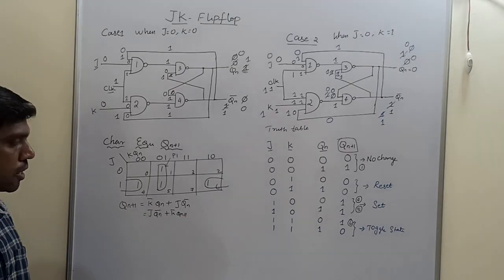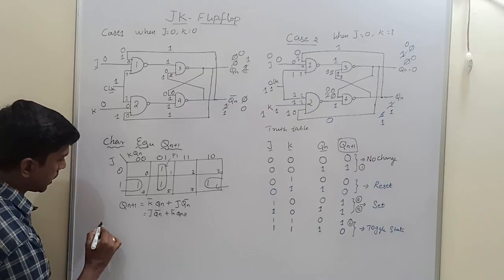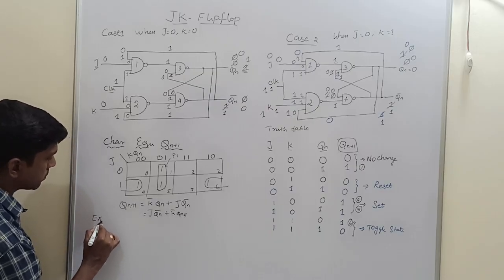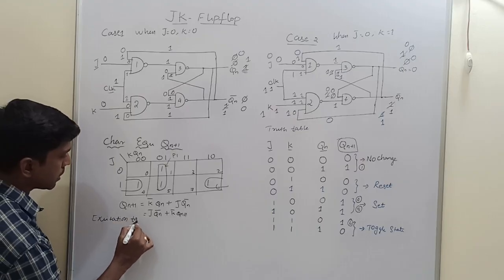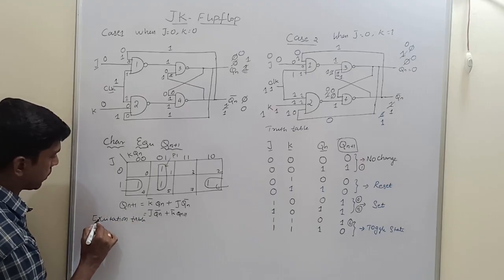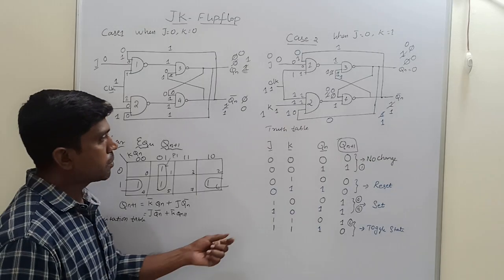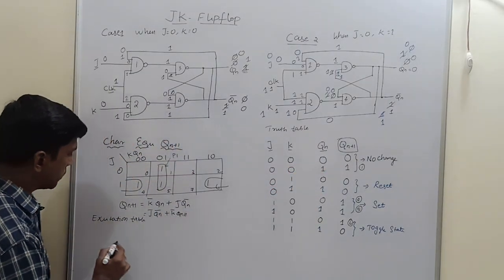That's the characteristic equation. Now I am going to write the excitation table. Excitation table for JK flip flop. So here I am taking Qn and Qn plus 1.